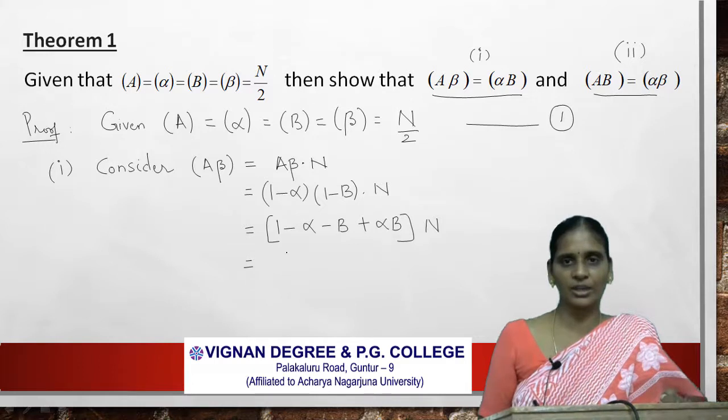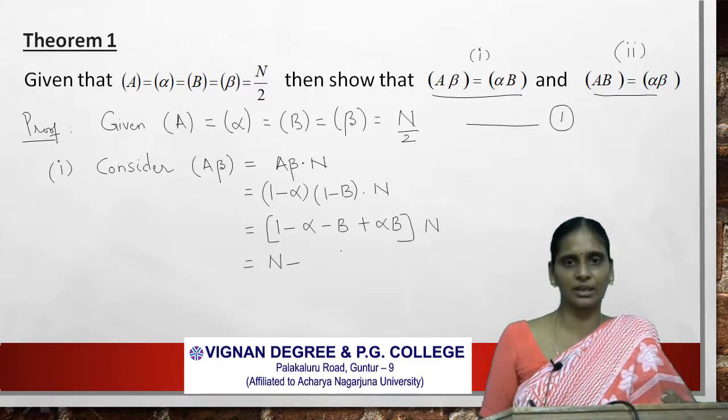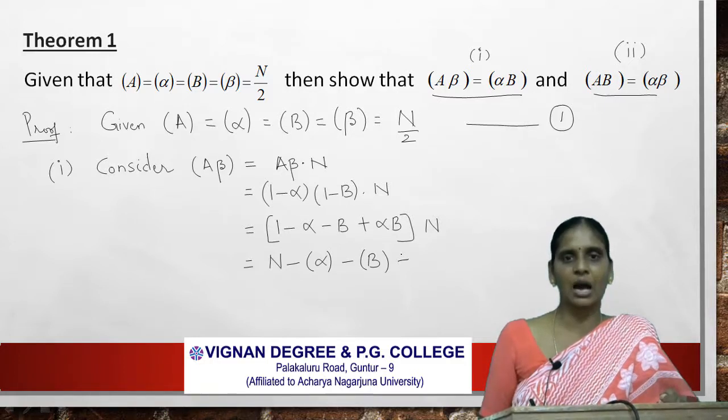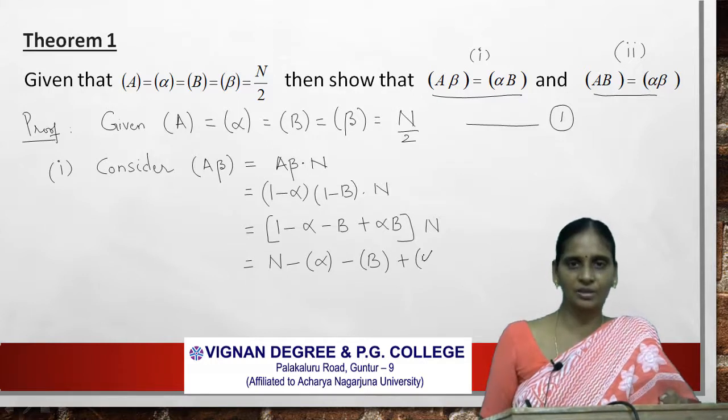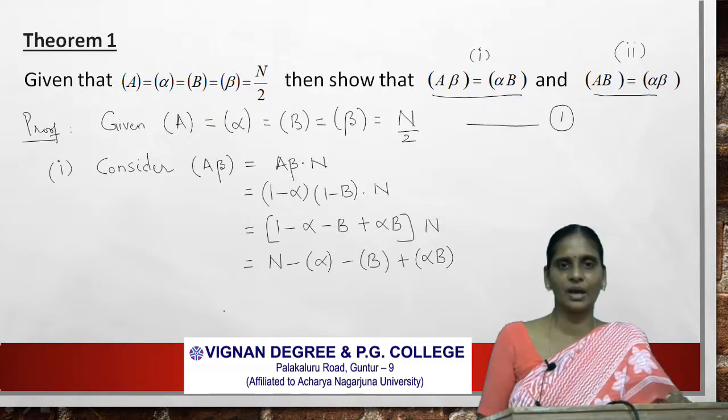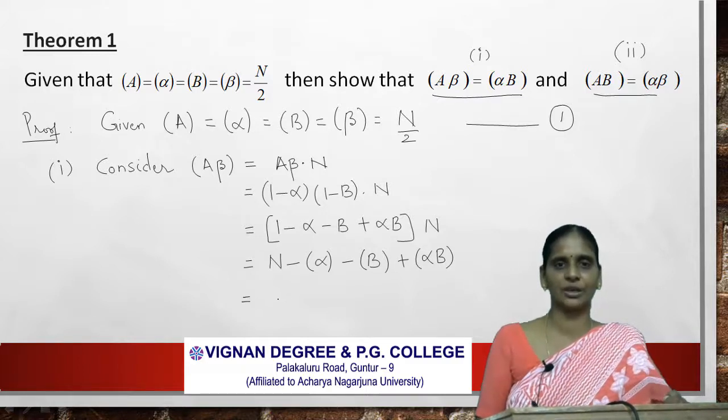So we get 1 into n is n, minus alpha into n is frequency of alpha, minus b into n is frequency of b, plus alpha b into n, so this can be written as frequency of alpha b.